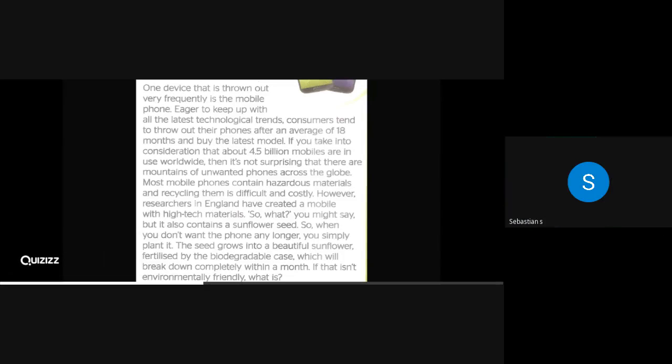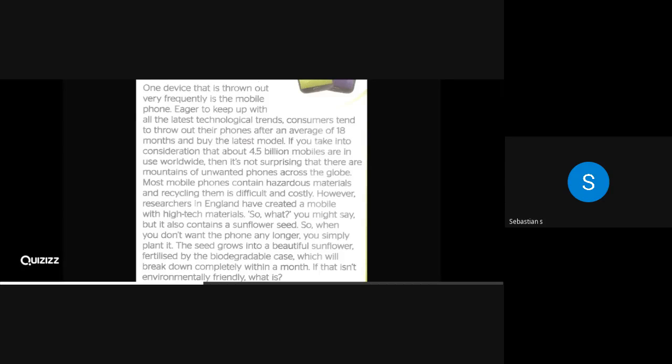Please read it. One device that is thrown out very frequently is the mobile phone. Eager to keep up with all the latest technological trends, consumers tend to throw out their phone after an average of 18 months and buy the latest model. If you take into consideration that about 4.5 billion mobiles are in use worldwide, then it's not surprising that there are mountains of unwanted phones across the globe. Most mobile phones contain hazardous material and recycling them is difficult and costly.